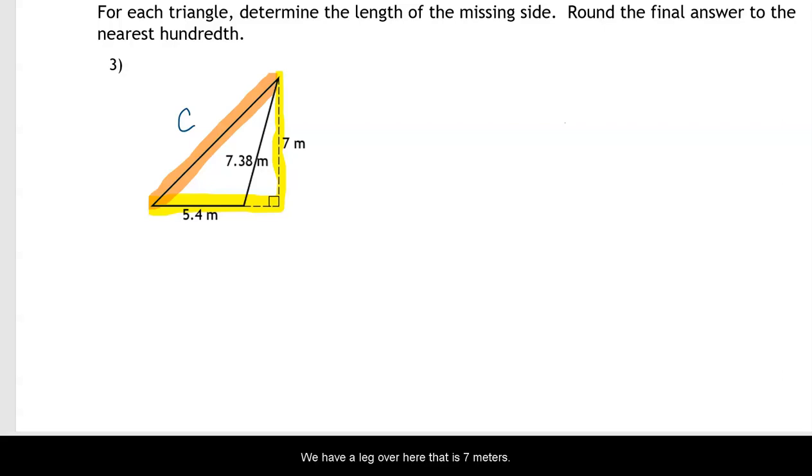We have a leg over here that's 7 meters. And we have a leg on the bottom, but we don't know how long the entire leg is.